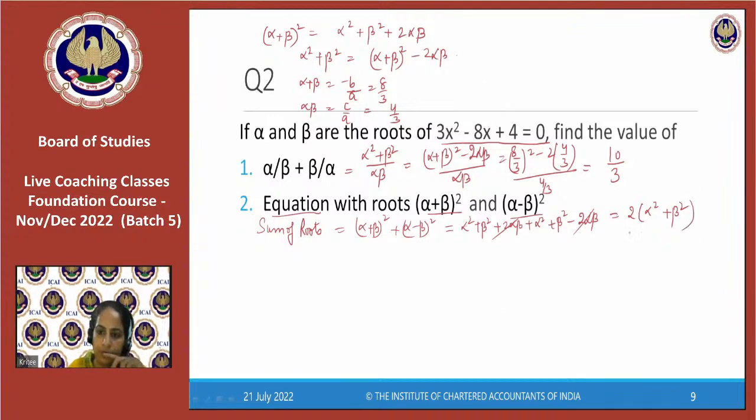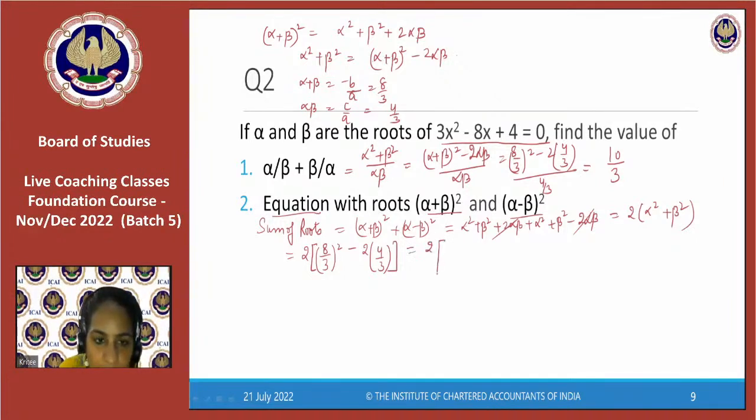Once again, substitute the values. Twice of alpha plus beta the whole square, 8 by 3 whole square, minus 2 alpha beta, 2 into 4 by 3. Solving this bracket, you get twice of 64 by 9 minus 8 by 3.